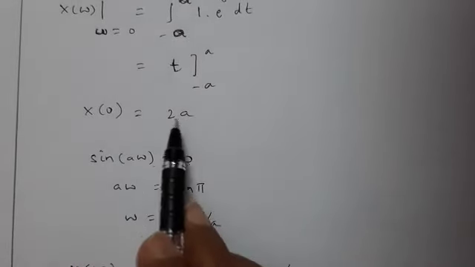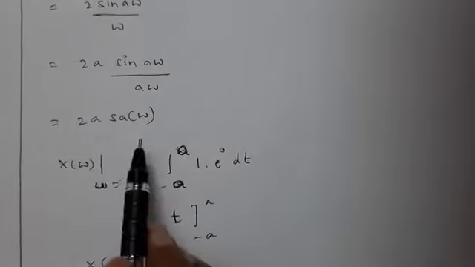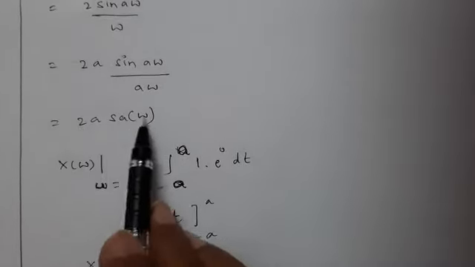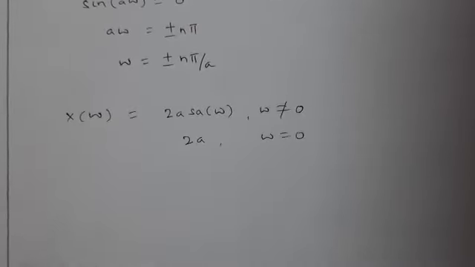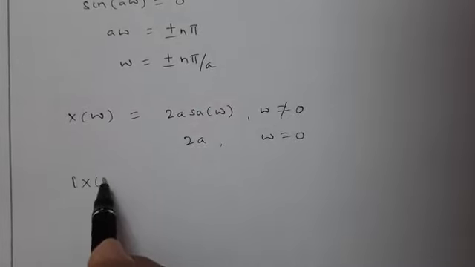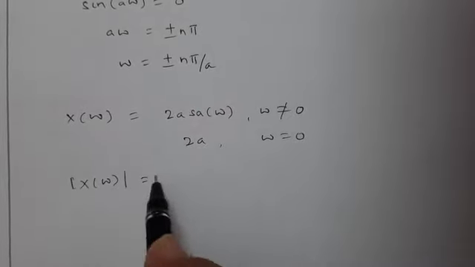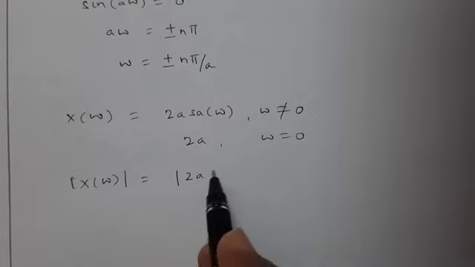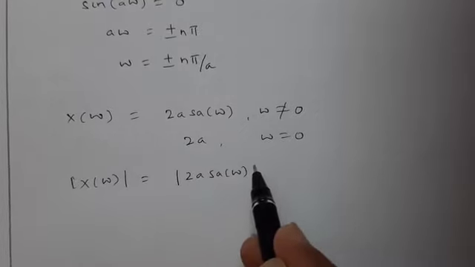Am I right? X of 0 is 2a, and in the rest of the cases it is 2a Sa of omega, which I have written here. To find the magnitude, the magnitude of X of omega is the magnitude of 2a Sa of omega.